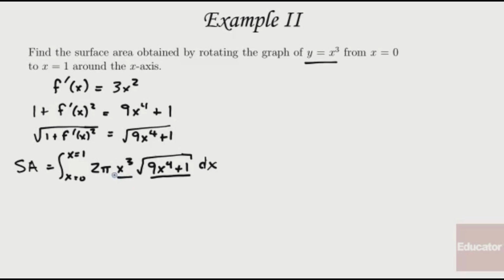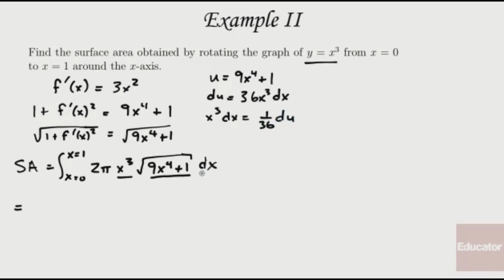So what we can do is let u equal 9x to the fourth plus 1, and then du is 36x cubed dx. And so what this converts into is, I guess I can write, x cubed dx is 1 over 36 du.